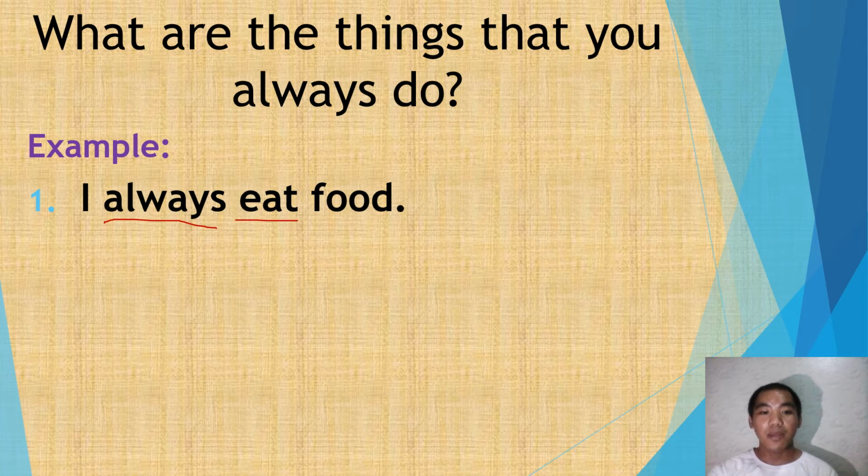The adverb of frequency describes how often that action verb happens. Meaning, in the sentence, I always eat food, you eat food every day. You are doing that action 100%. Since we are eating food three times a day or more, we are going to use always.